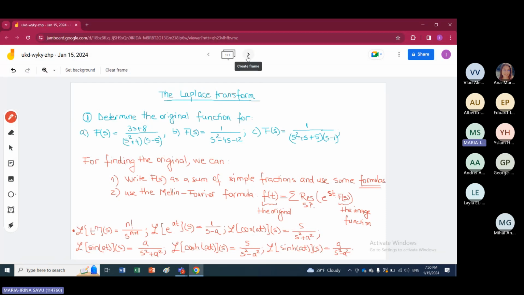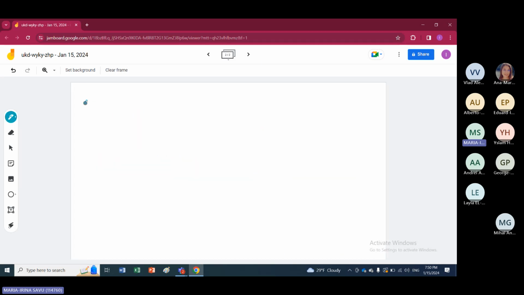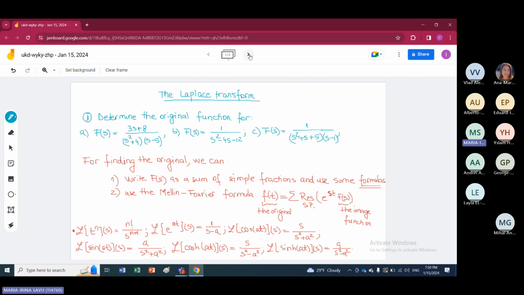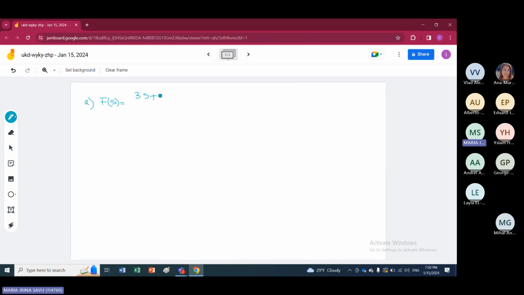And let's see how we can solve the first point. Okay, so for a, F of s is 3s plus 8 over s squared plus 4 times s minus 5.